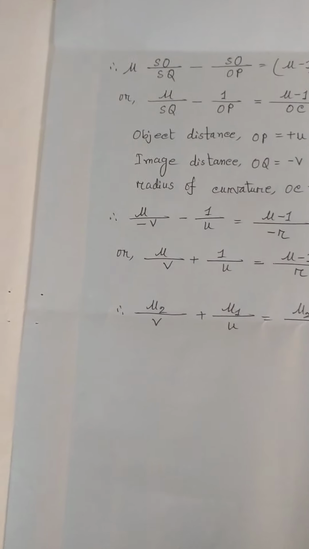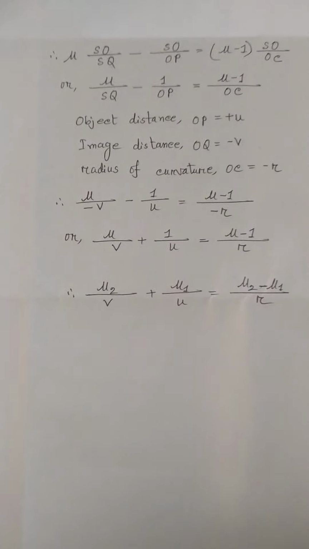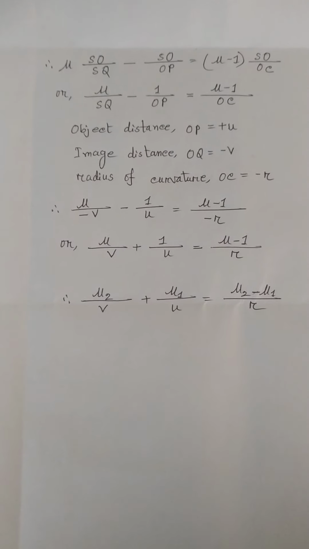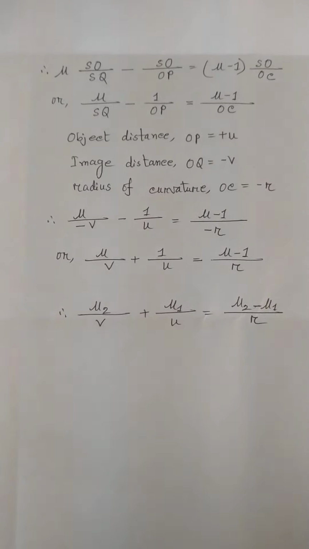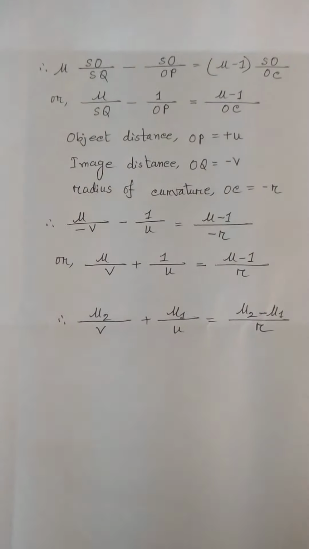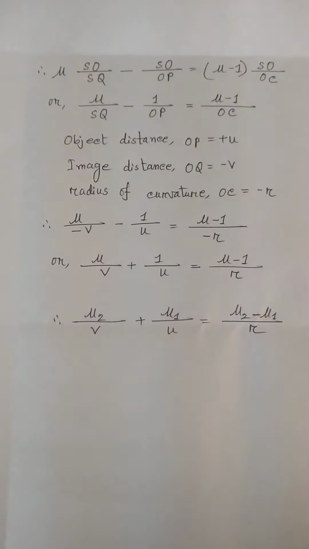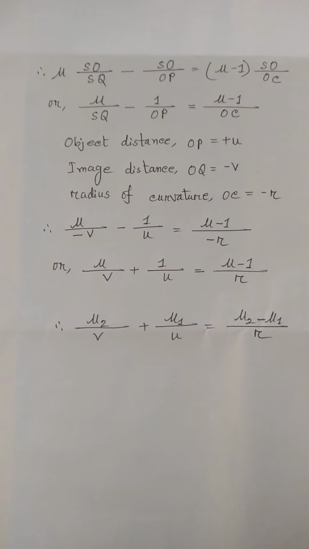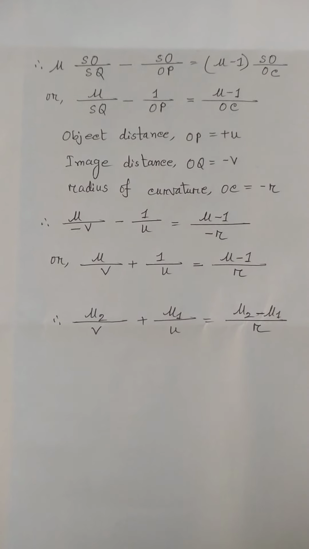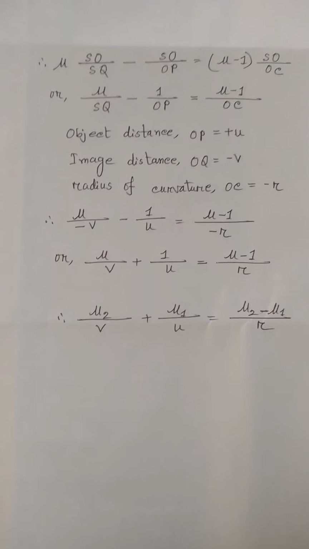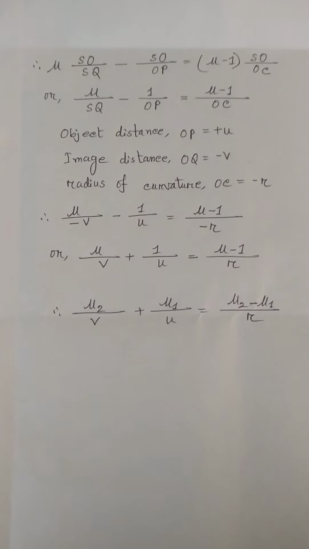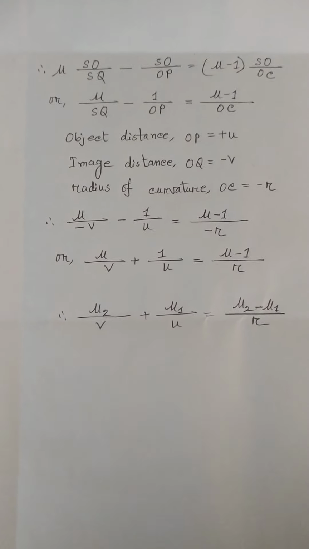This is the most important equation. Here we have an air medium and another medium. The air medium has refractive index 1 and the other medium has refractive index mu. But if we have two media, mu1 and mu2, then the equation will be mu2 divided by V plus mu1 divided by U equals mu2 minus mu1 divided by R. This equation is used for two media with refractive indices mu1 and mu2.